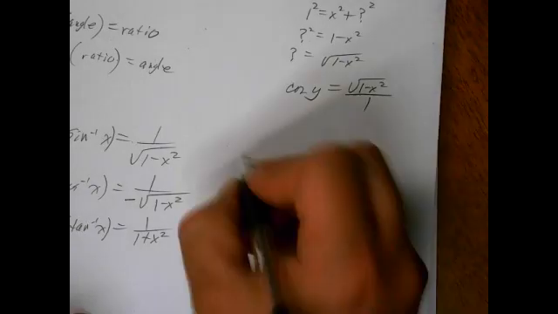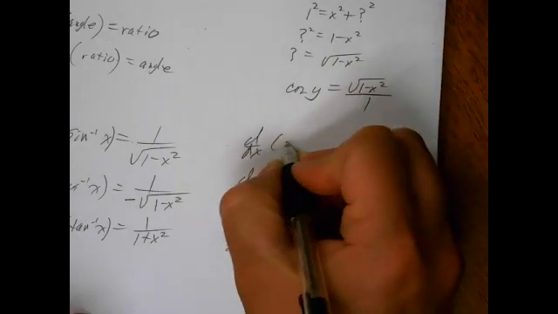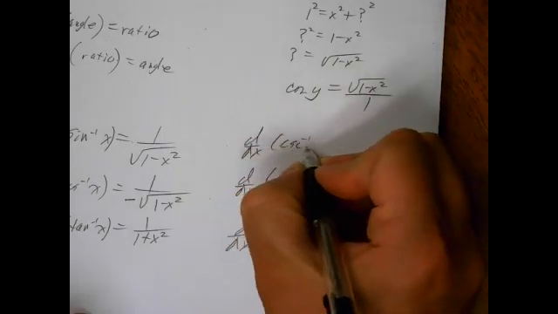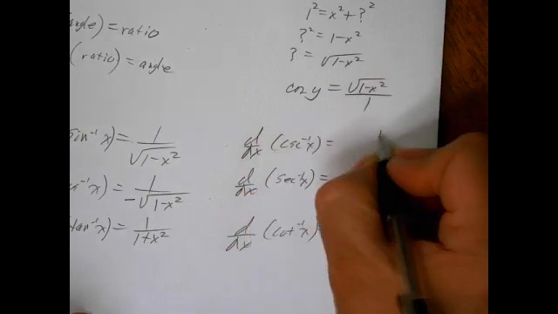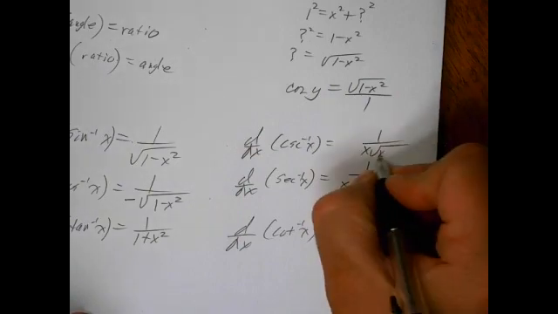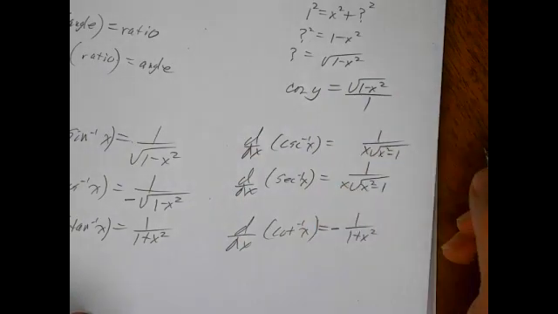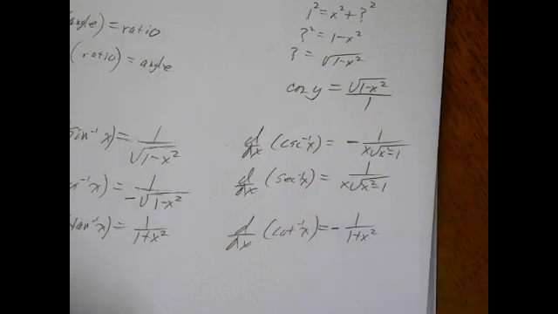And finally, with respect to x, the inverse cosecant has the 1, it's got the x, it's got the square root of x squared minus 1, but what do you think it's going to have? A negative out front.